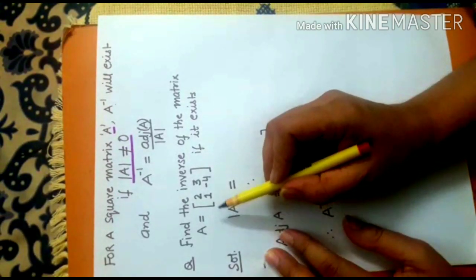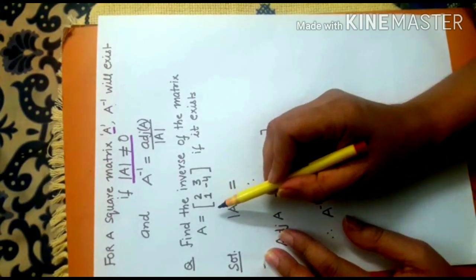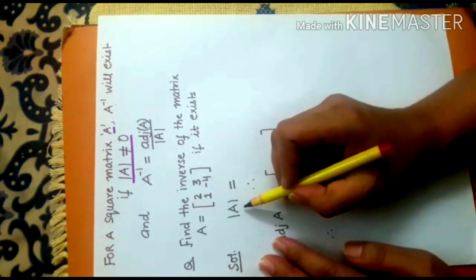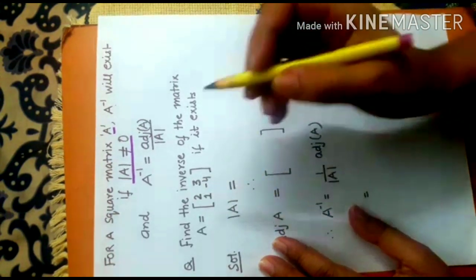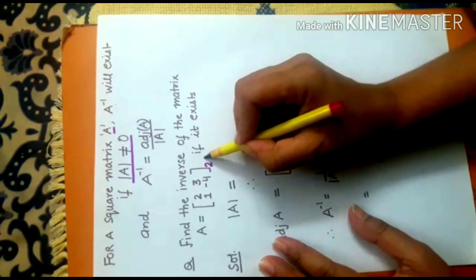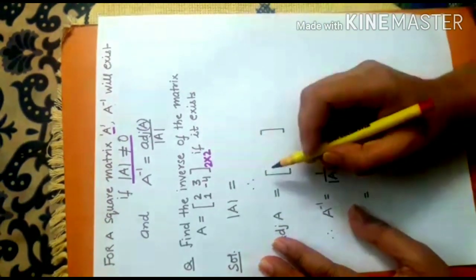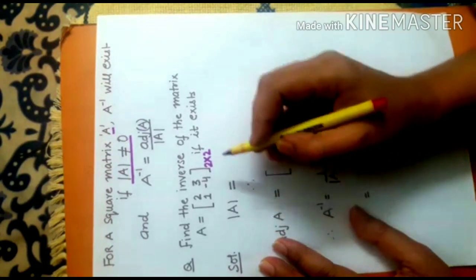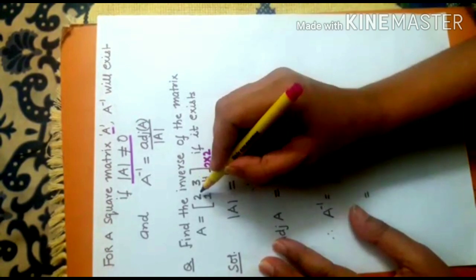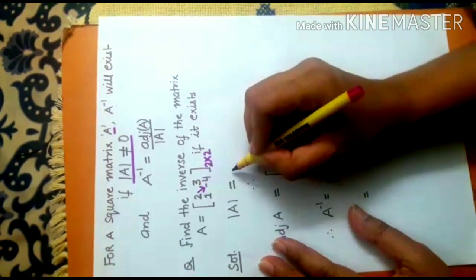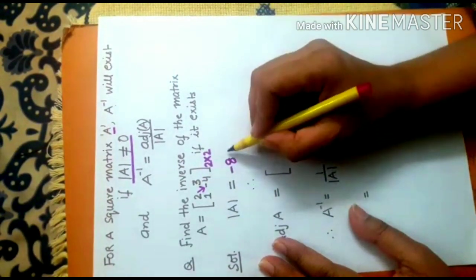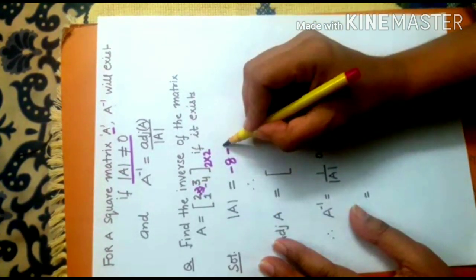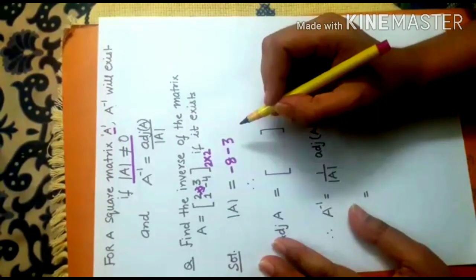Now first we have to ensure whether this matrix is invertible or not. For that we will compute its determinant. Now A is a 2 by 2 order matrix. And you know how to calculate the determinant of this matrix? Yes, it is the product of these two, that is -8, minus the product of these two, which is 3.